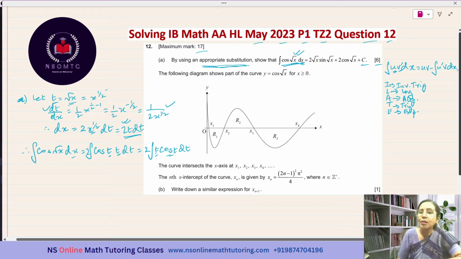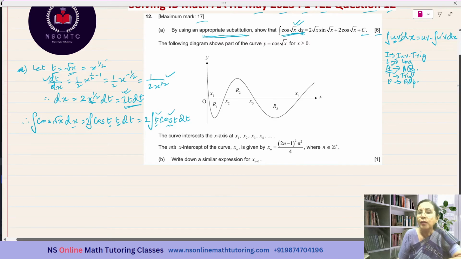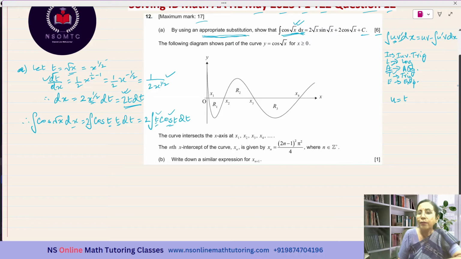So over here we are having the algebraic function and the trigonometric function. Since E is above T, I'll be taking U as T, the first function as T, okay? So U is equal to T. Therefore, U dash is equal to 1. Derivative of T with respect to T, of course, is 1, okay?